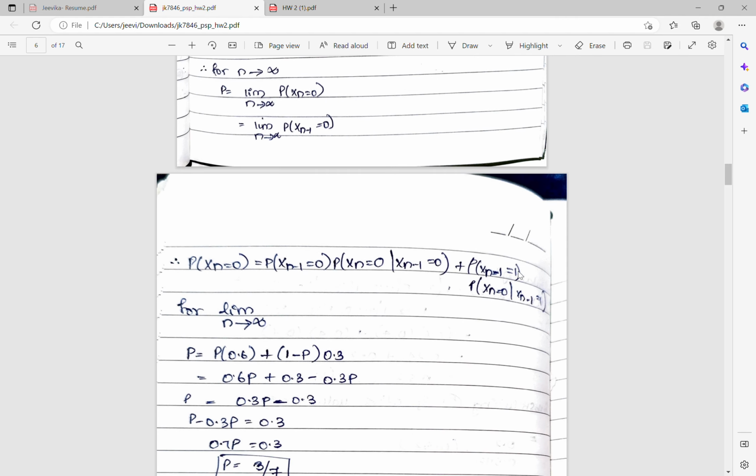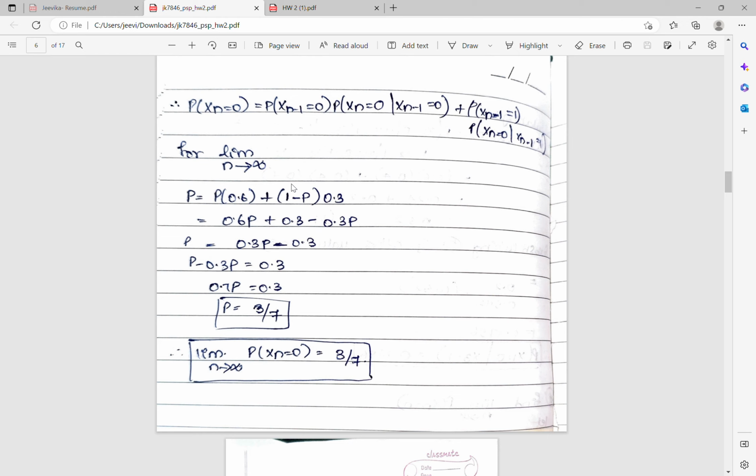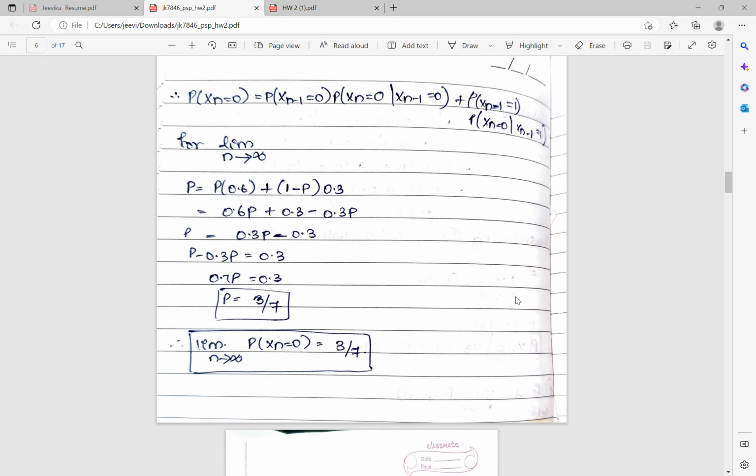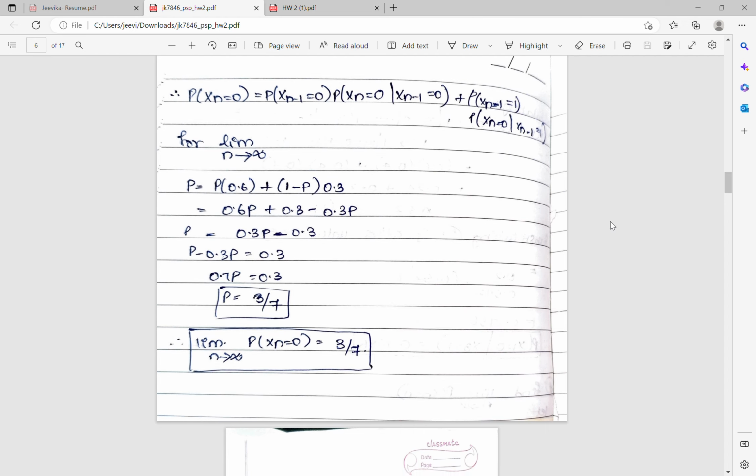This will be 1 minus p into 0.3. When we multiply and subtract all of this, we get an equation of the form p = 0.3p + 0.3. When we solve it, we get p equal to 3 by 7. Therefore the limit as n tends to infinity of p of xn = 0 is 3 by 7. So this is the solution for the second question.